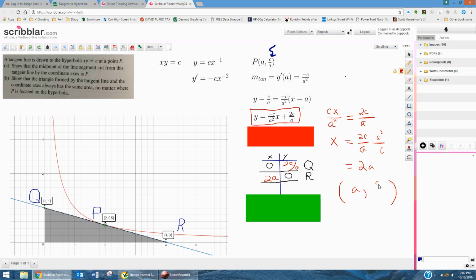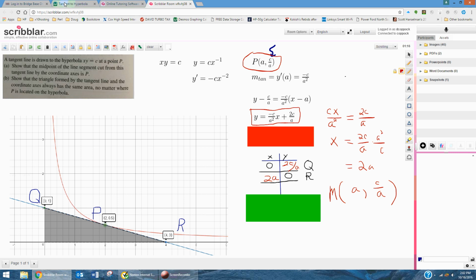That'll give me c over a. That's the midpoint of QR. But that's also the point of tangency. So we just showed that the point of tangency and the midpoint of the segment created when the tangent line hits the coordinate axes are indeed always the same.